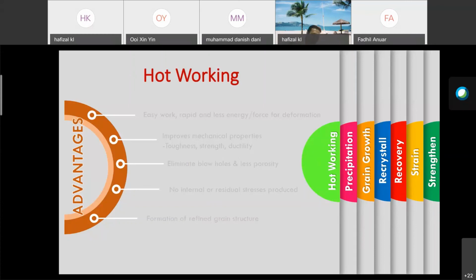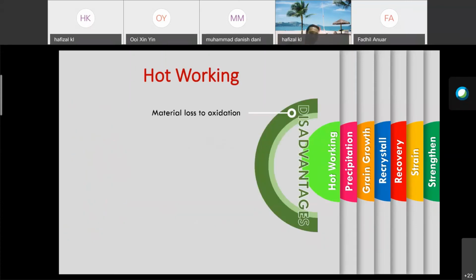Now for the disadvantages. There is material loss to oxidation. During the process at a certain temperature, a chemical reaction takes place between the oxygen and the metal, and it produces oxide. Let's say aluminium combined with oxygen produces aluminium oxide, copper produces copper oxide, and we also have iron oxide.